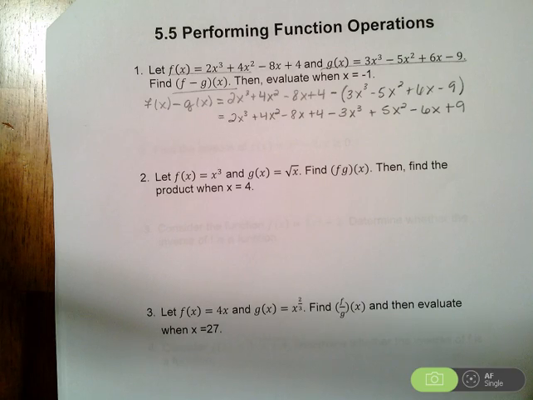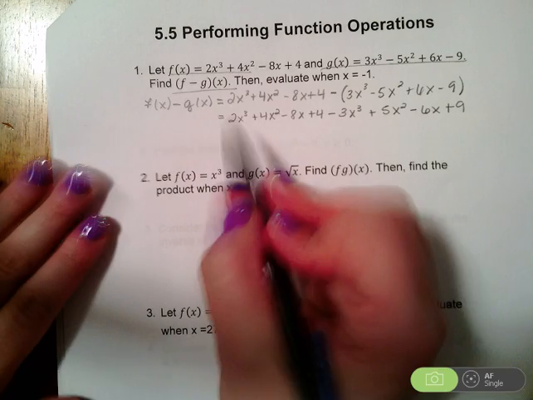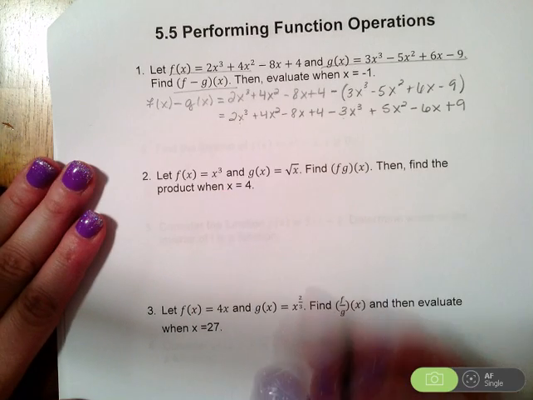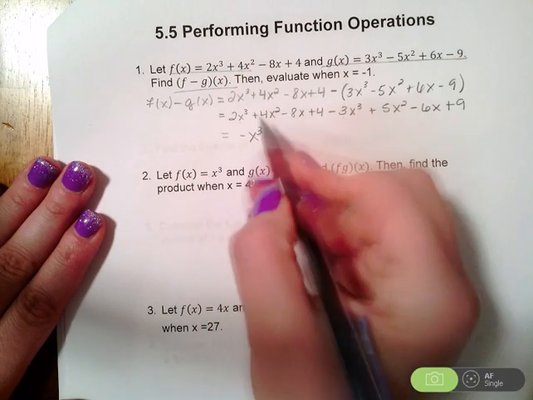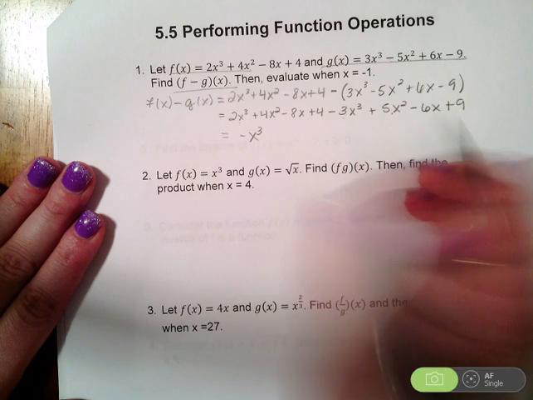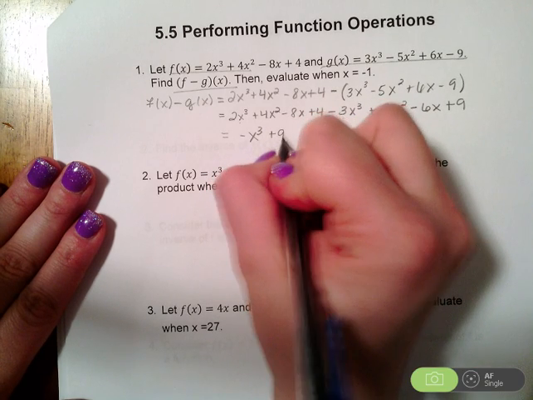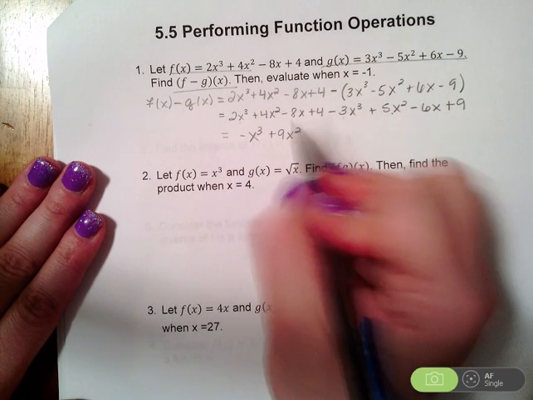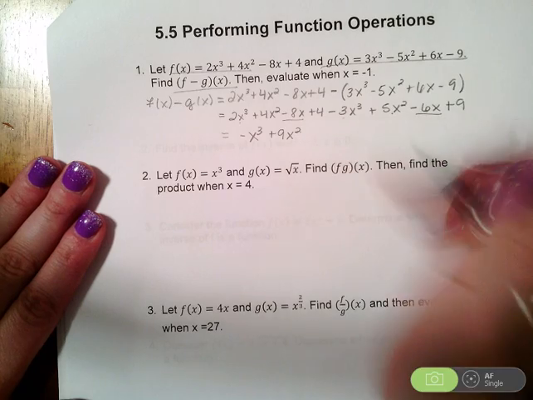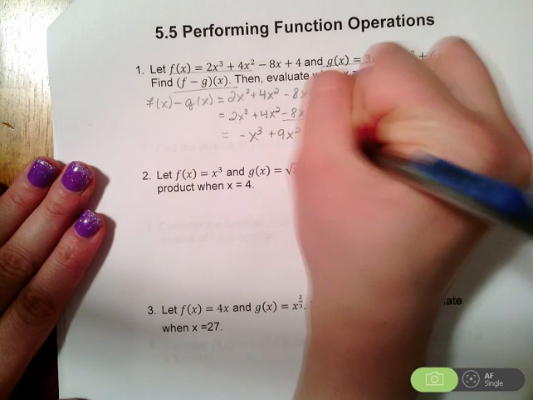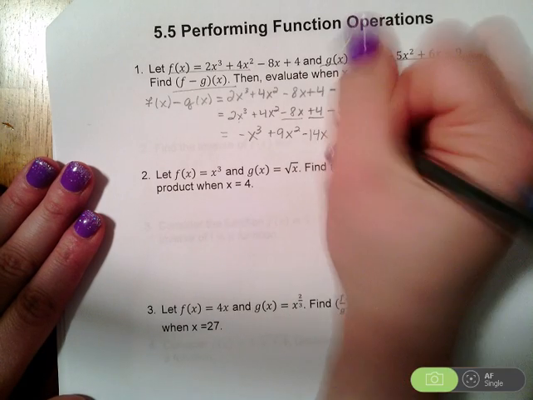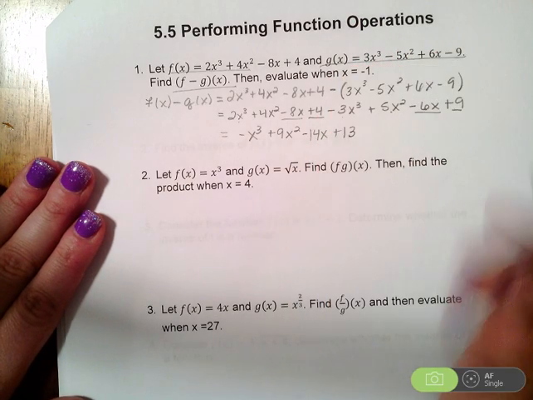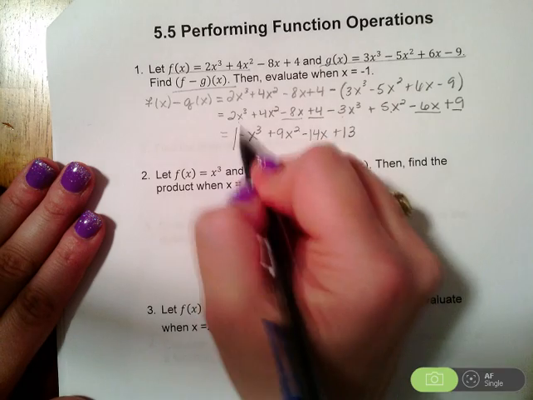Okay, and now combine like terms. 2x cubed minus 3x cubed gives you a negative x cubed. 4x squared plus 5x squared is a plus 9x squared. Negative 8x minus 6x is minus 14x. 4 plus 9 is a positive 13. That's simple, guys. That's all you've got to do, okay?